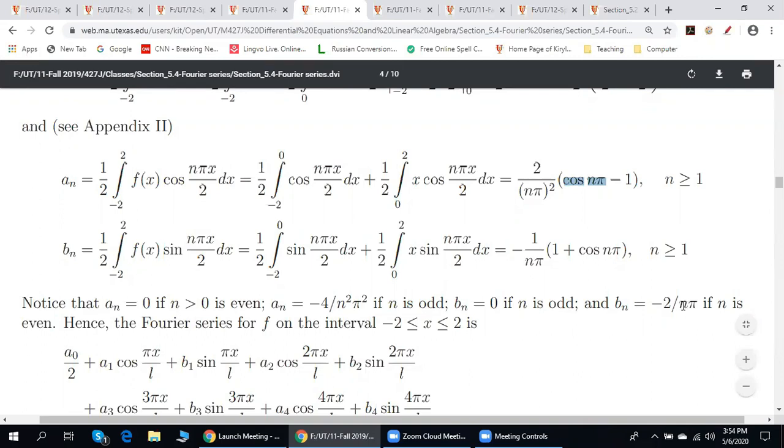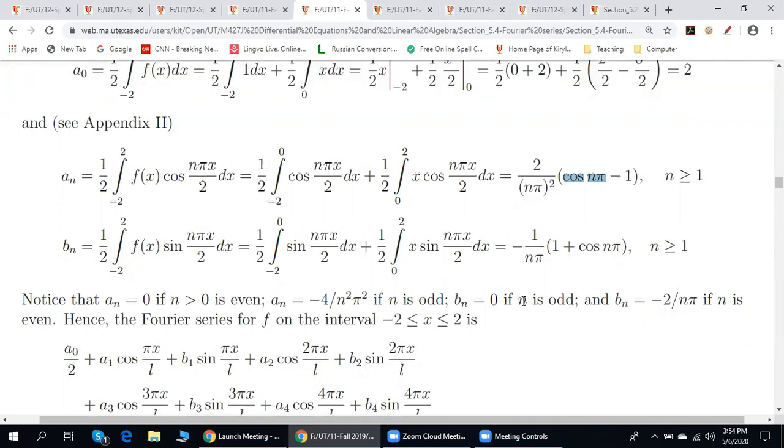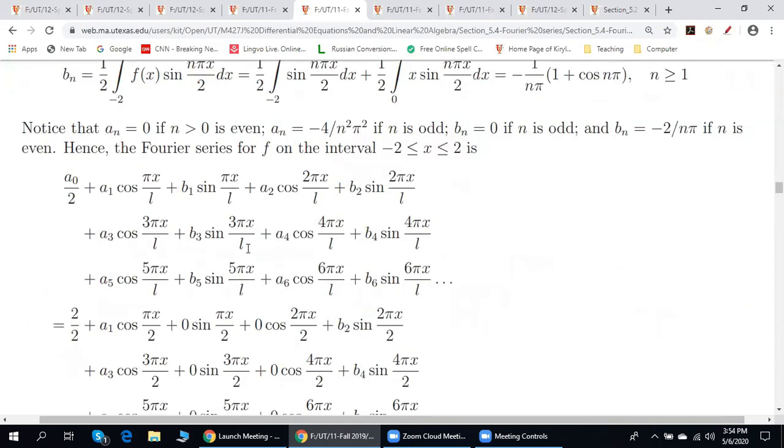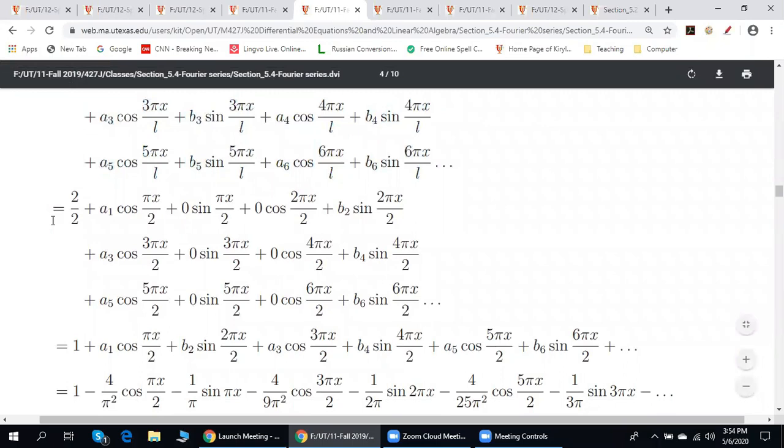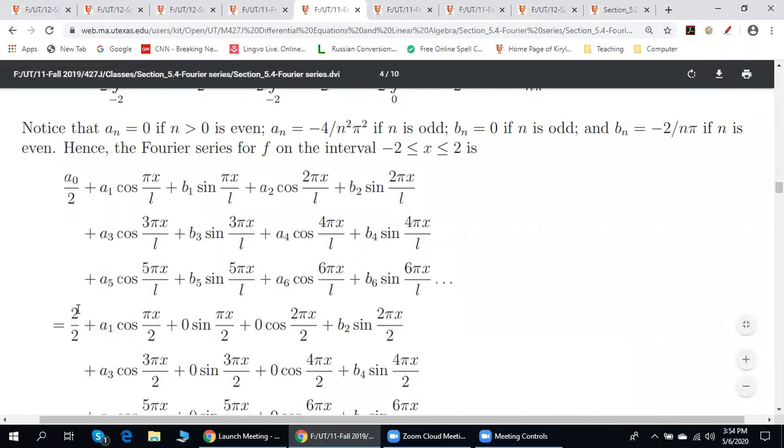We are done with a's and b's. Then, as before, we write down many terms of our general series. We replace a_0 by 2.